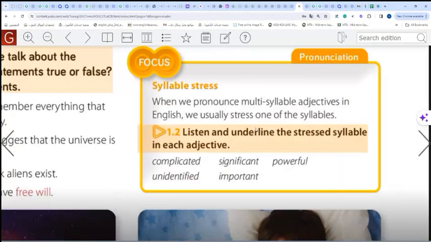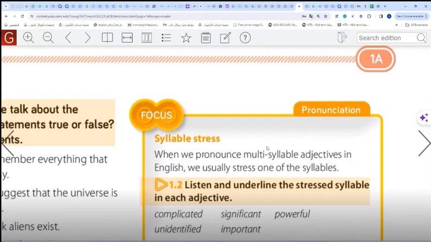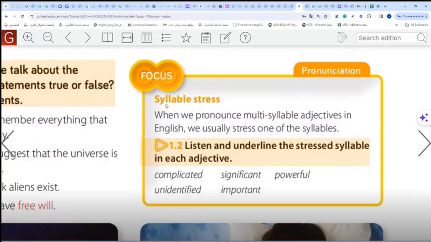Now, dear students, let's have a quick look at this pronunciation check. What do we mean by pronunciation? Excellent. So what do we mean by syllable stress? What do you mean by a syllable? If you cut words into pieces, or into small items, we call every item, or each item, a syllable.